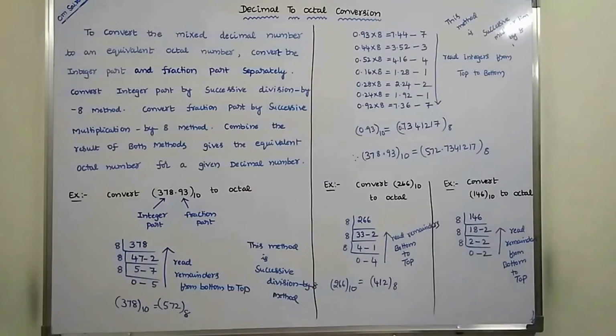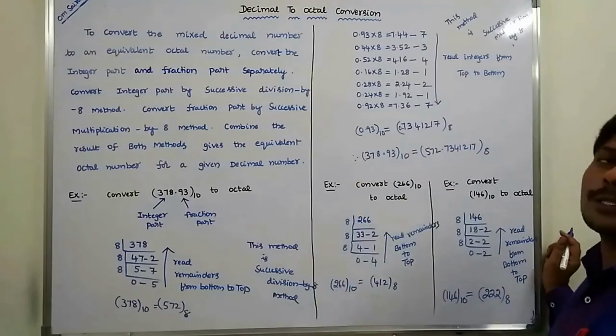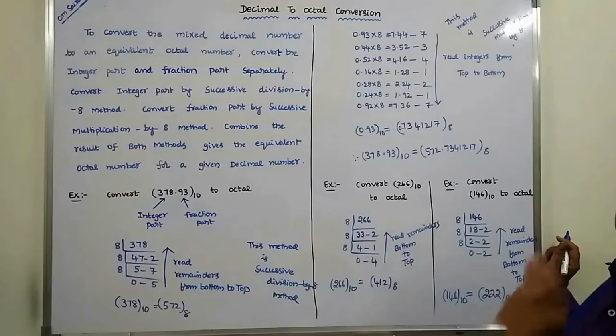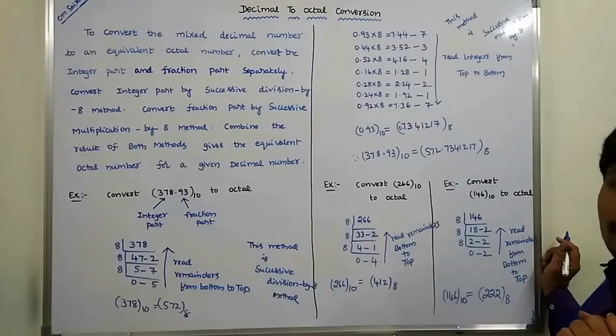So now the result is 222 base 8 for the given decimal number 146 base 10. Okay. In this way, we have to convert the given decimal number into the equivalent octal number.